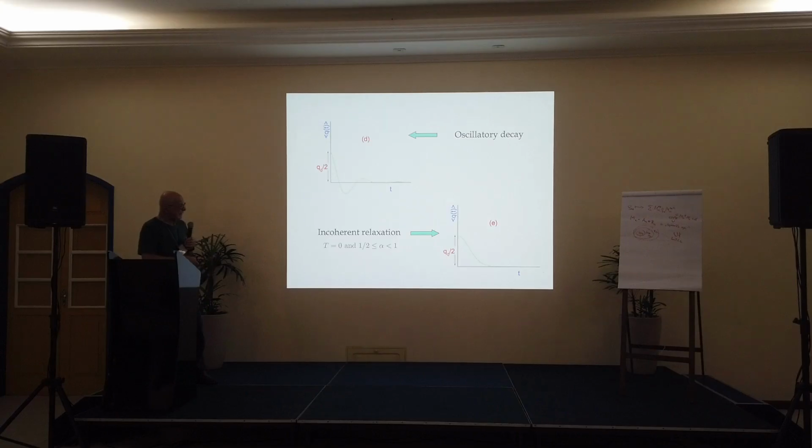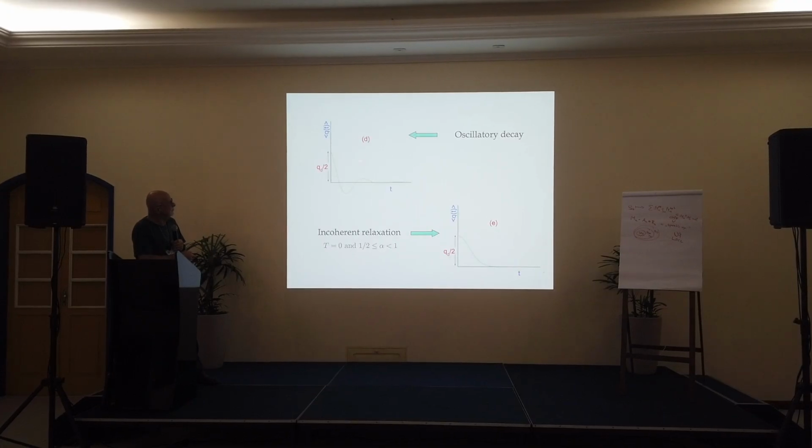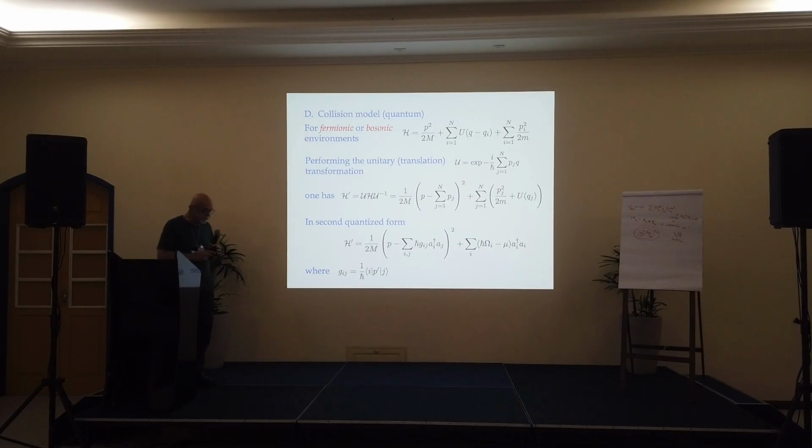And that's exactly the sort of behavior that you want if you want to use any of these as a qubit, because you want to have some oscillations within which we can perform some sort of operations in the system. So oscillatory decay, and coherent relaxation.